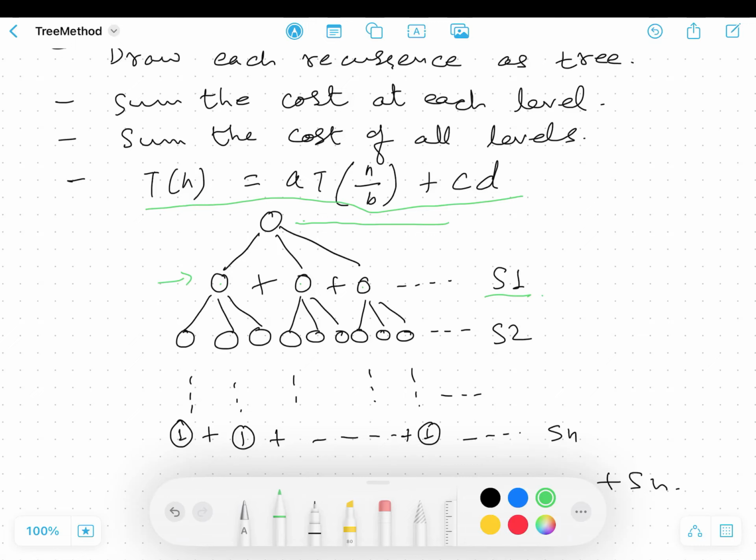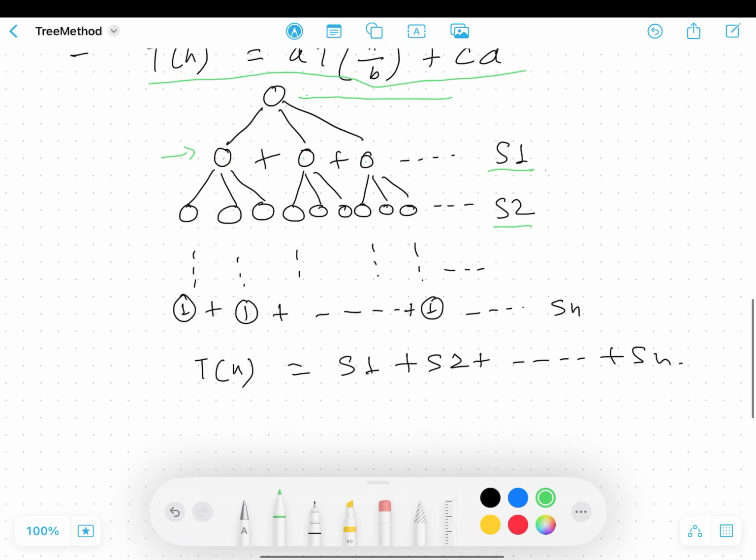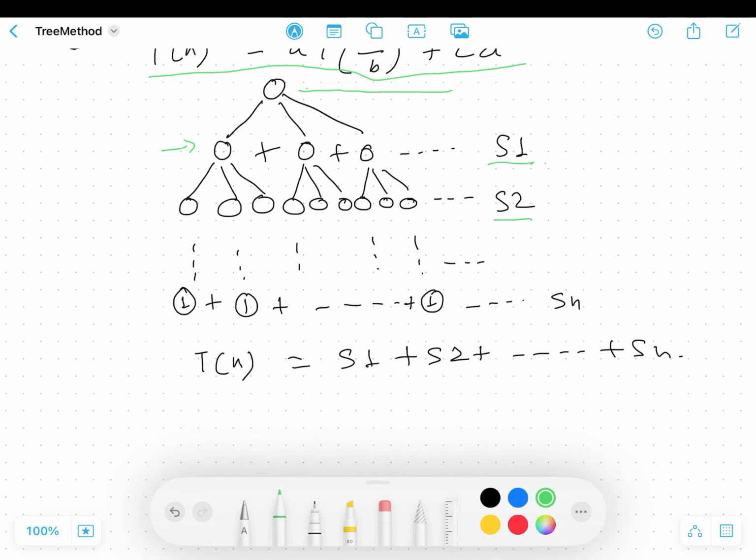Then we further divide and take the sum, let's say it's S2. And we keep on dividing until the problem size reaches 1, and let's say the sum is Sn. Then the final solution would be summing all these sums at every level, and this will be our solution.